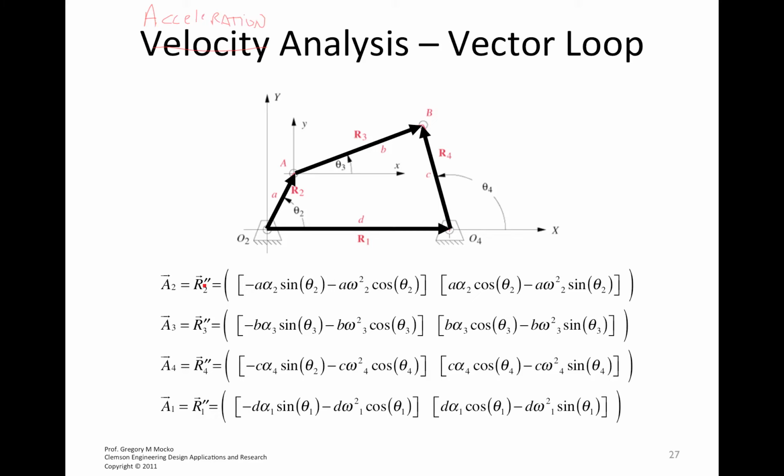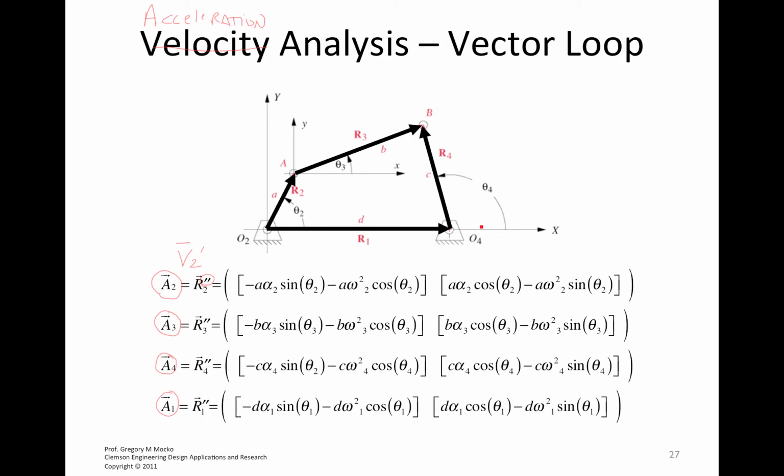So if we look at the acceleration analysis of link 2, of link 3, link 4, and link 1, it is the second derivative of position. And again, it's the first derivative of velocity. So similar to motion and velocity analysis, we've got this nomenclature laid out.